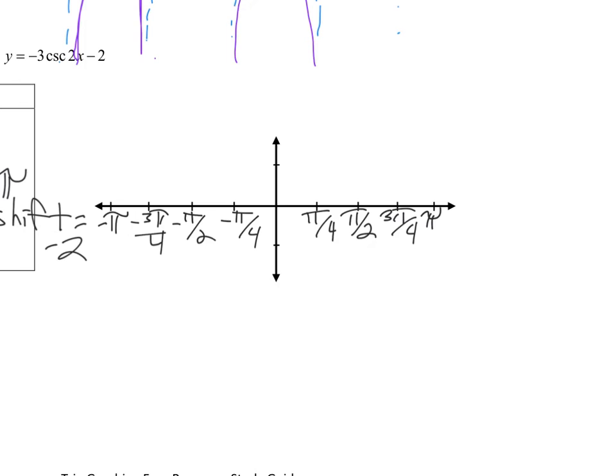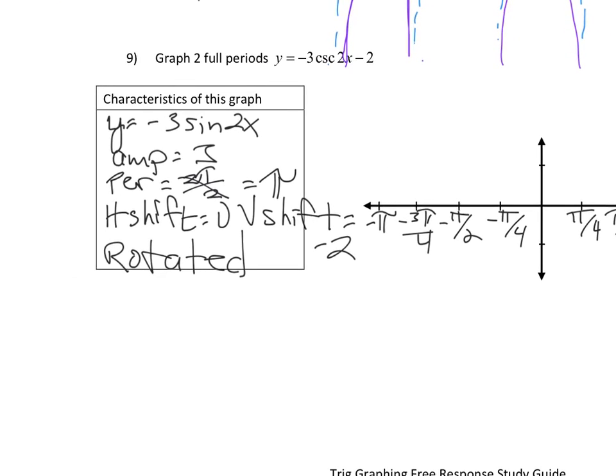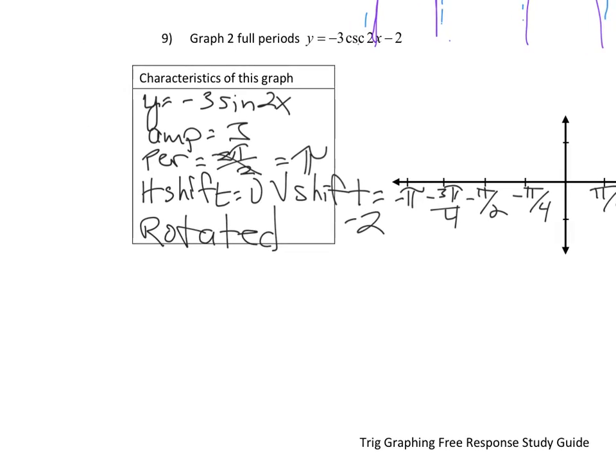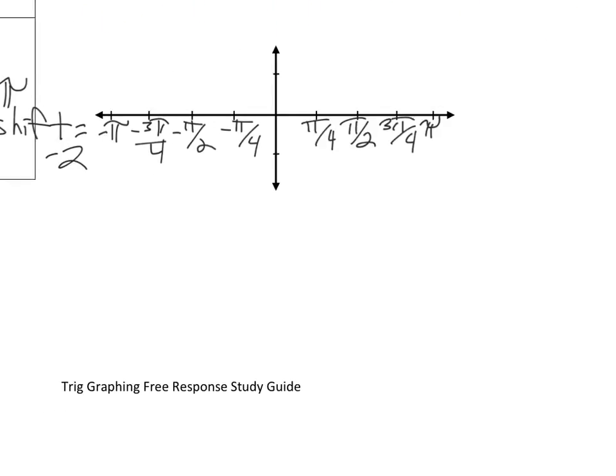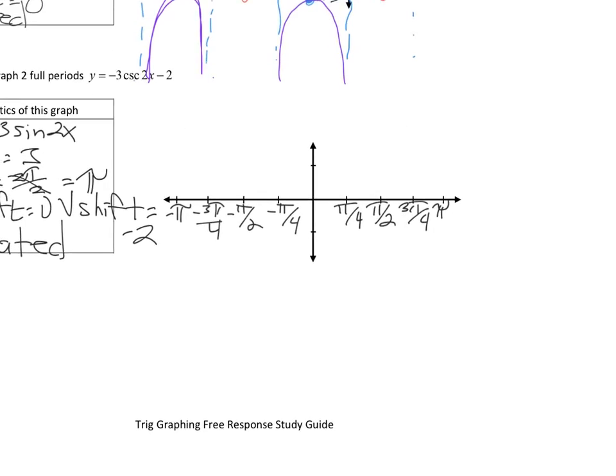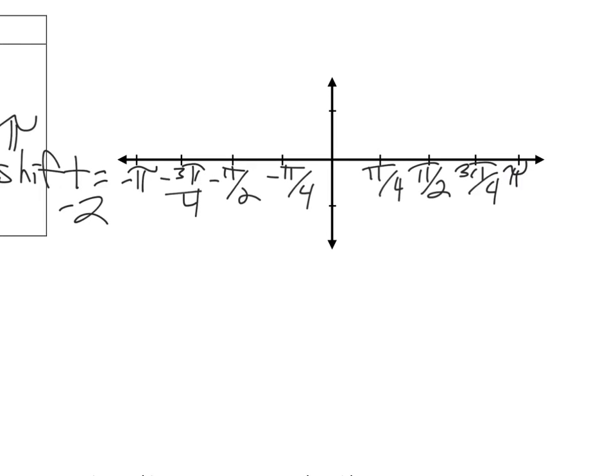My amplitude was 3. I have a vertical shift of negative 2, so I'm going down 2. So I'm going to make fairly small tick marks. I'm going to do a 1, making my 3 just about where the arrow is. This one's a little longer arrow, so there we go. All right.